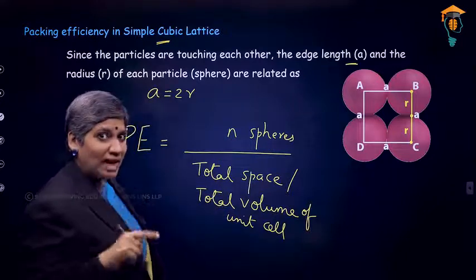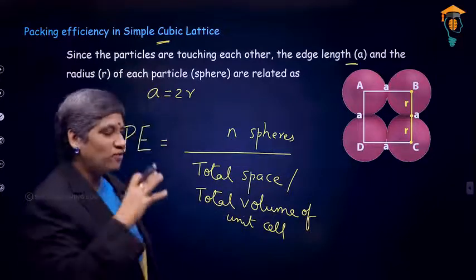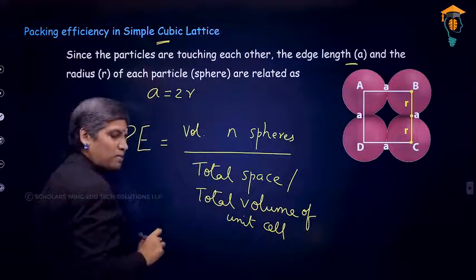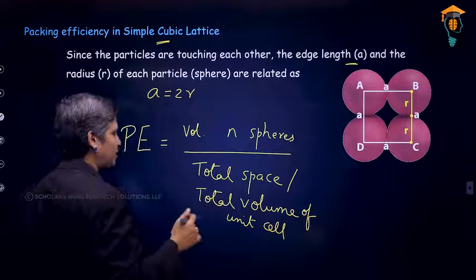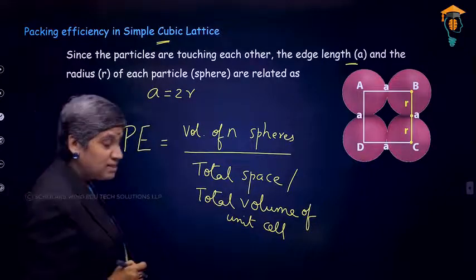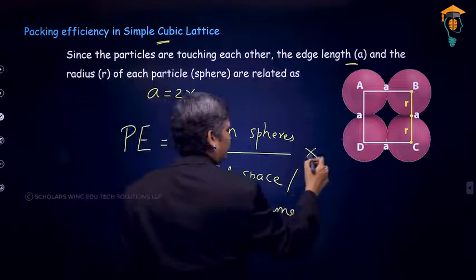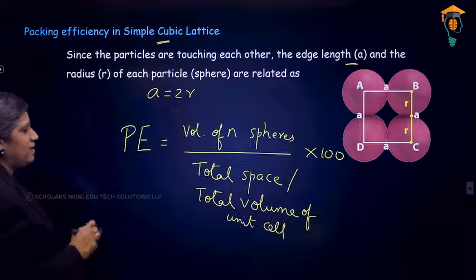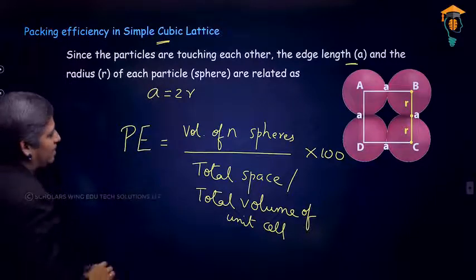But each sphere will have a volume. So what is the volume of all those spheres? So that will tell you the volume, or the space actually filled, right? But this is expressed in terms of percentage, I told you. Therefore, into 100.